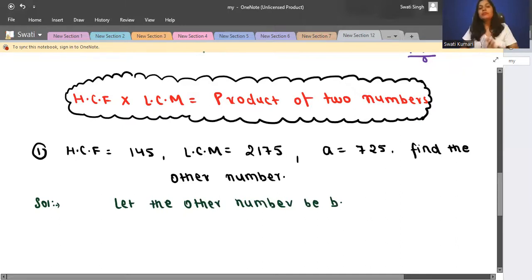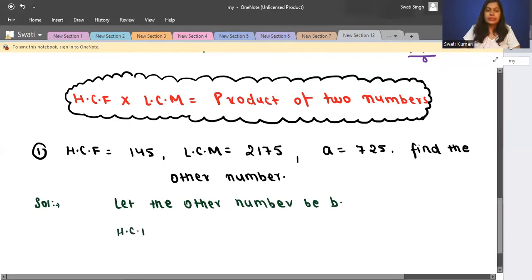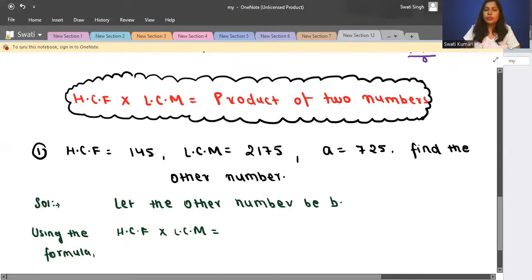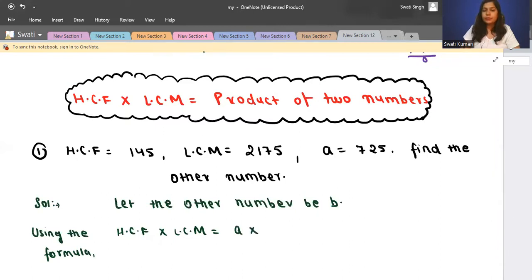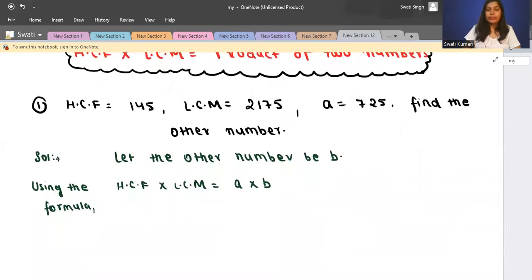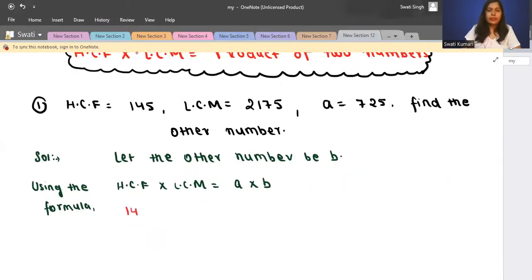So now using the formula, let us write down the same formula. HCF into LCM is equal to the product of two numbers. The numbers are A and B, so let us write A into B. Now we can write below HCF the value that we can see in the question, which is 145.